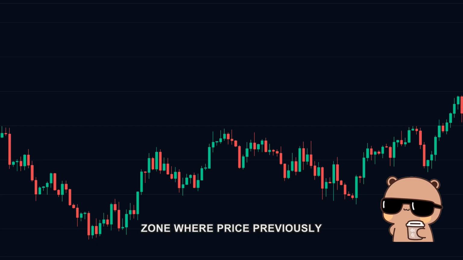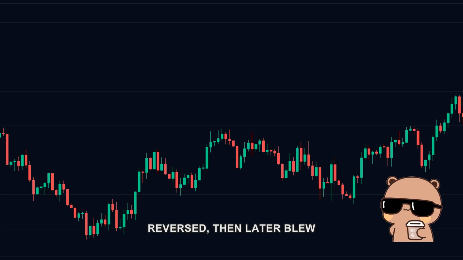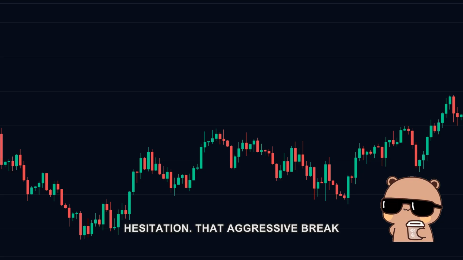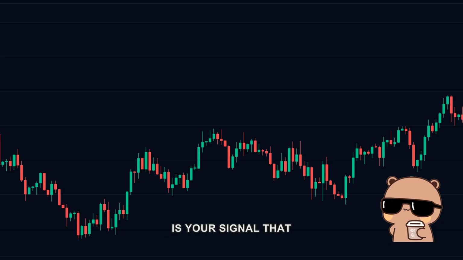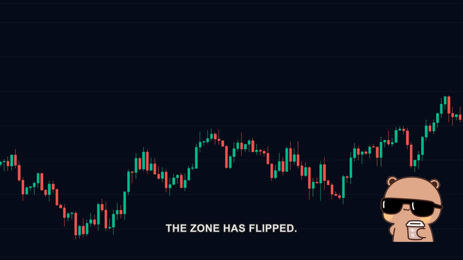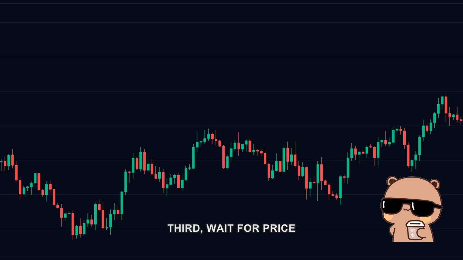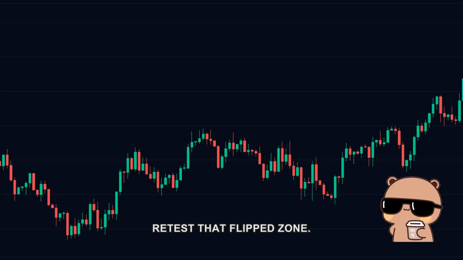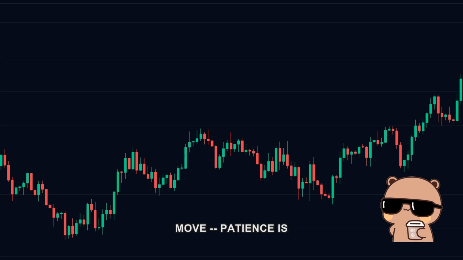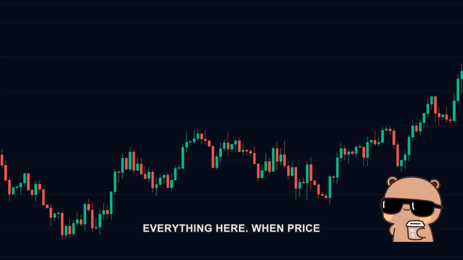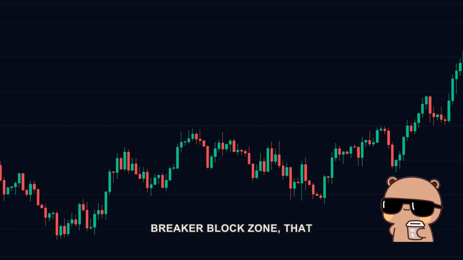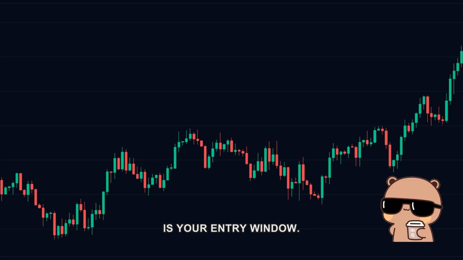Look for a zone where price previously reversed, then later blew straight through it without hesitation. That aggressive break is your signal that the zone has flipped. Third, wait for price to come back and retest that flipped zone. Do not chase the move. Patience is everything here. When price pulls back into the breaker block zone, that is your entry window.